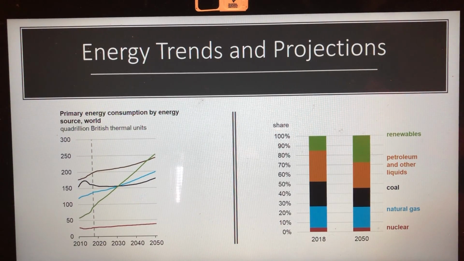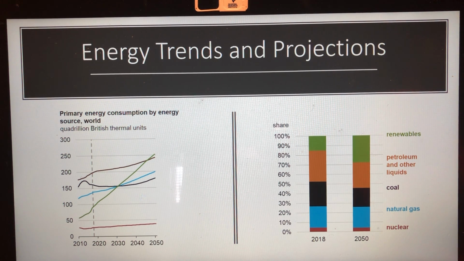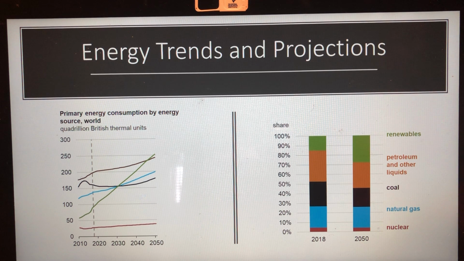Let's move on to energy trends and projections. I have two figures here that show change in energy consumption over time at the world level. As we know, energy demand continues to grow globally as a result of increase in economic activities and population growth.